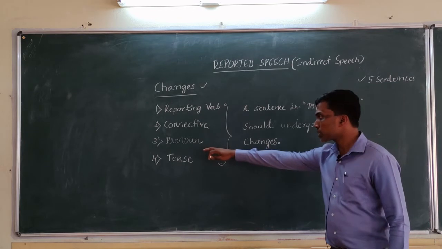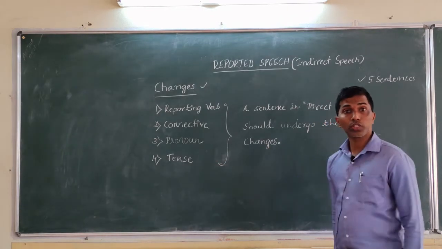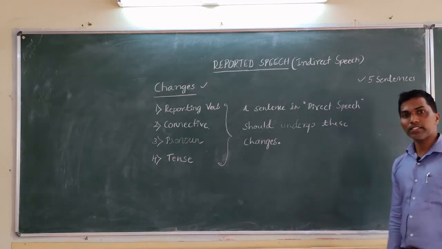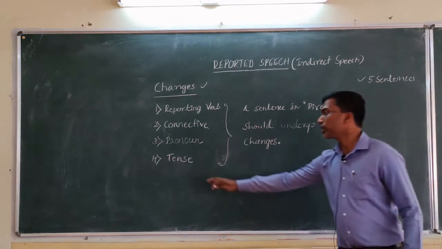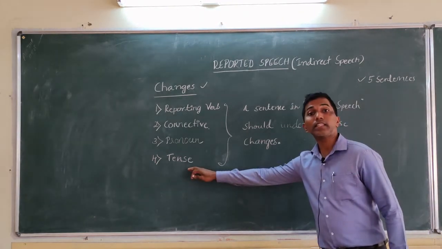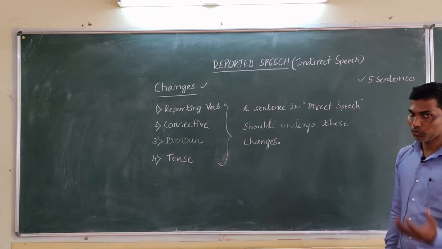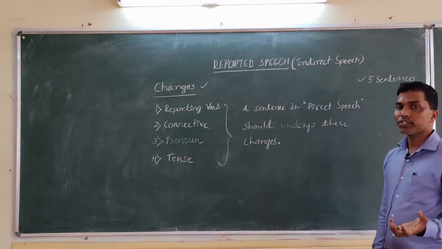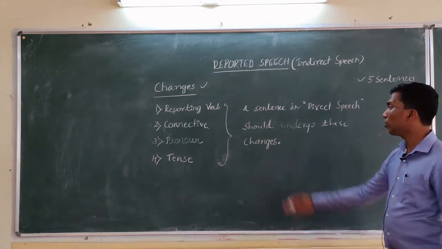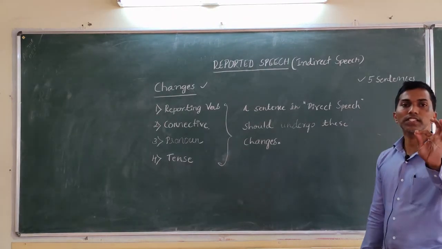The next change is pronoun change. You should take care of pronouns in the sentence, and later you should take care of the tense in the sentence. As I've told you, all sentences are to undergo these changes, every sentence one by one.